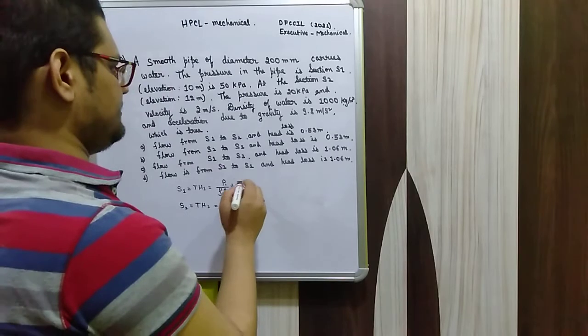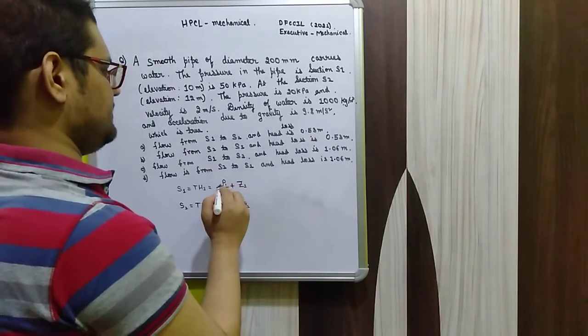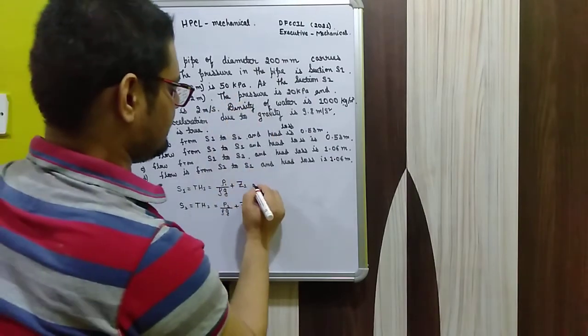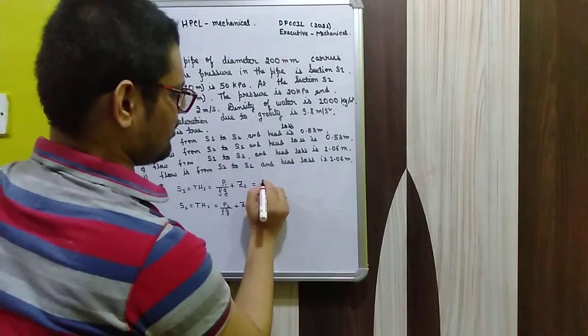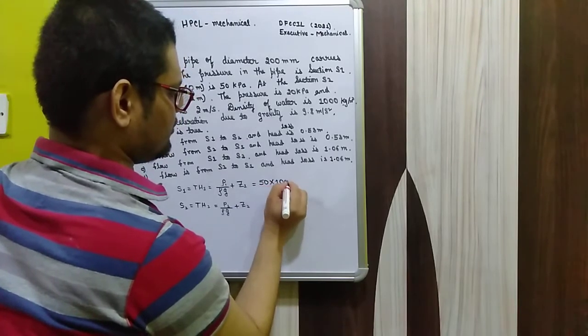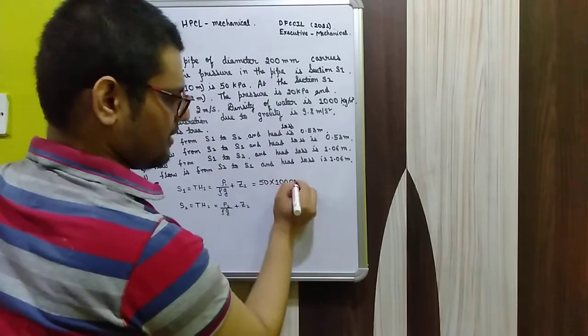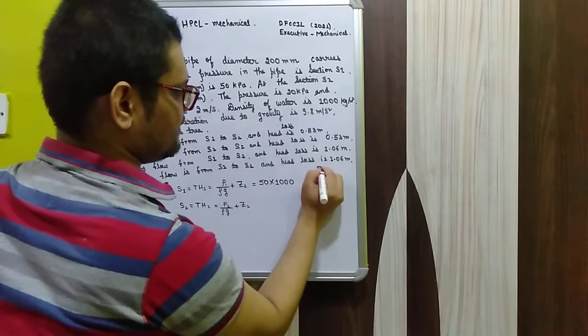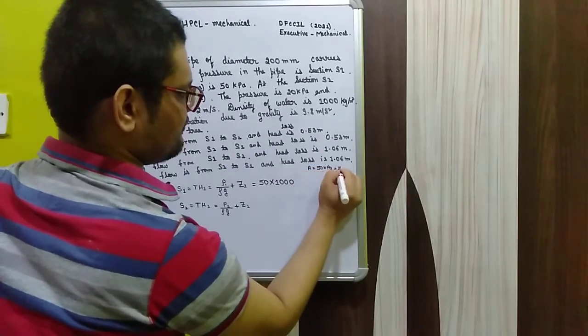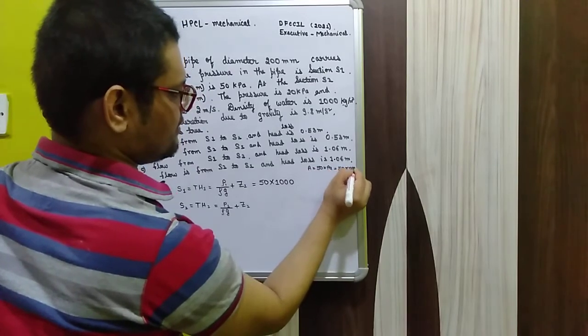Now we put the value of P1, the pressure, which is 50 kilopascal, converted into pascal, that is 50 into 1000.